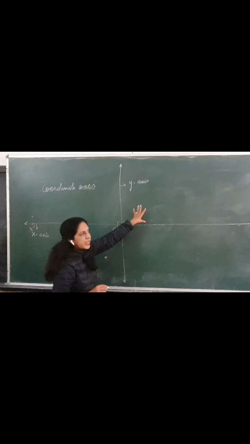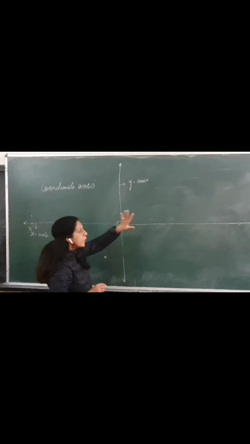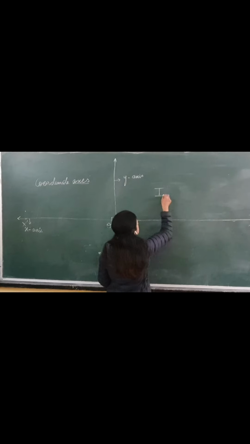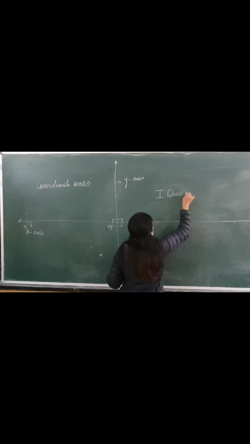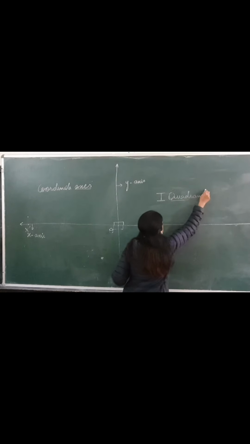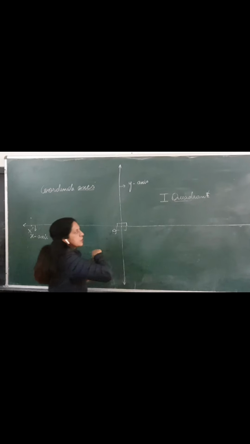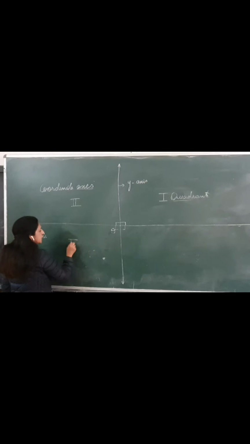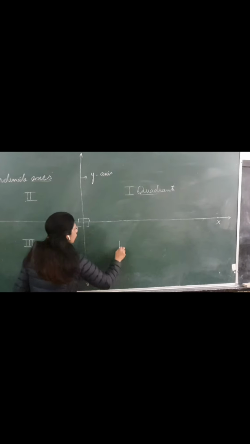And we are dividing this plane into four parts, moving anti-clockwise. This is called the first quadrant. The word quad is used because we are dividing into four parts. First quadrant, second quadrant, this is third, and this is fourth.